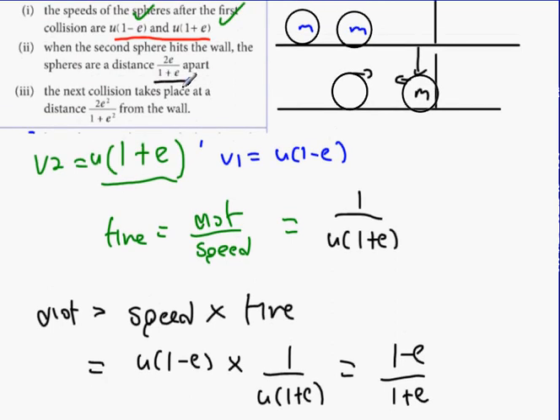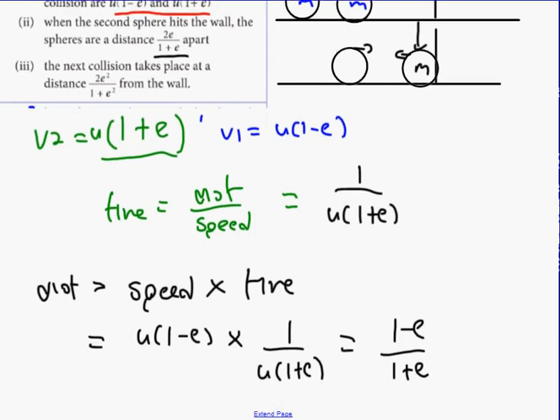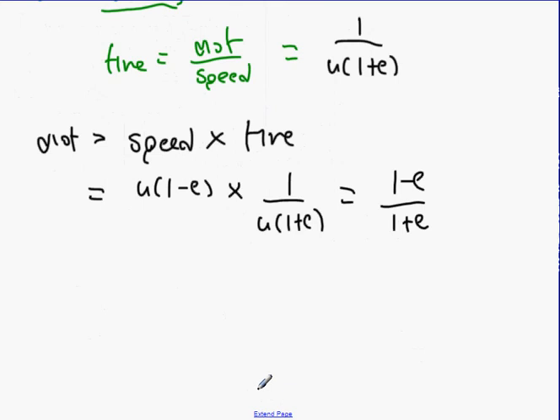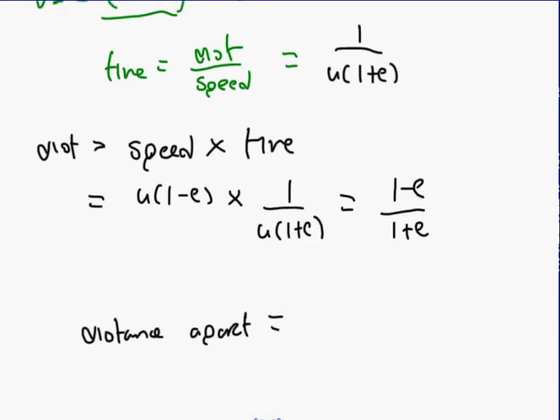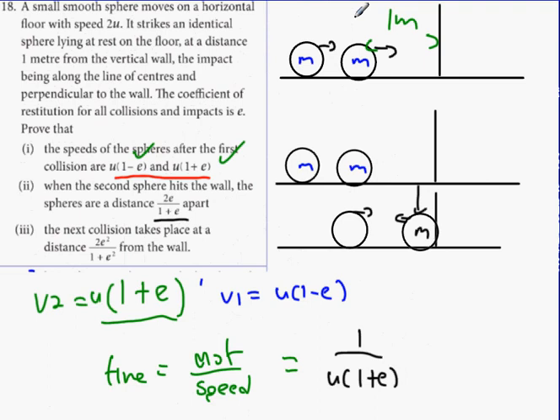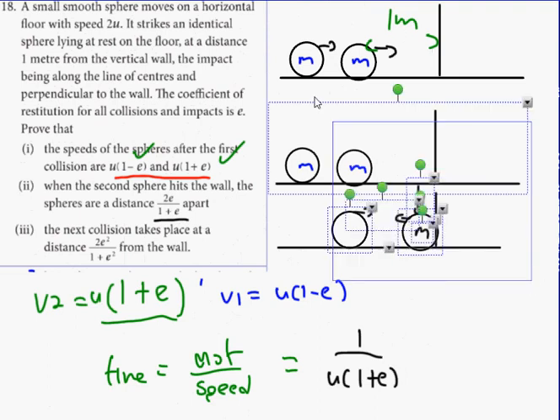We're still looking for this answer here though. So the distance apart equals 1 minus that, 1 minus E over 1 plus E. Okay, yeah, got it. Alright, so just going to draw a new diagram.